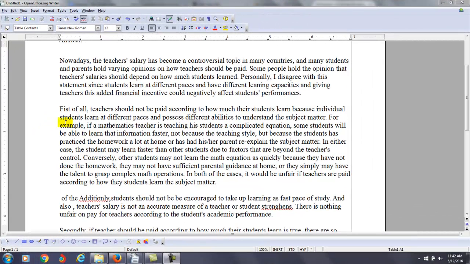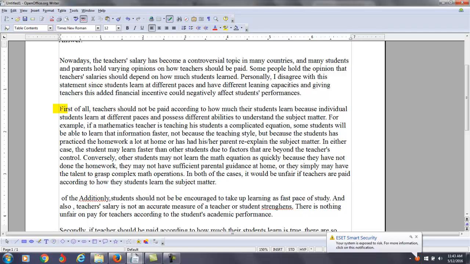All right, so let's continue on. Let's look at this paragraph one more time. So first of all, teachers should not be paid according to how much their students learn because individual students learn at different paces and possess different abilities to understand the subject matter.